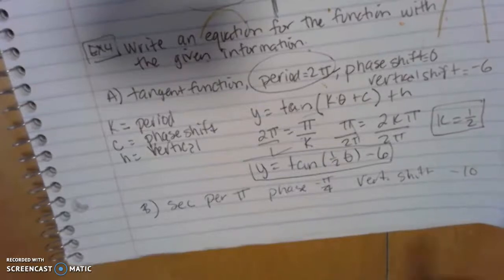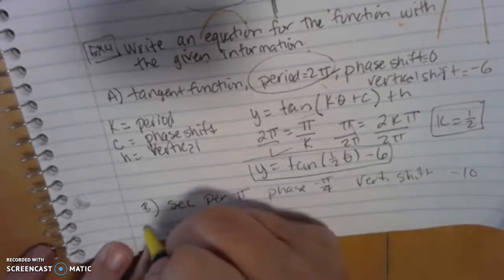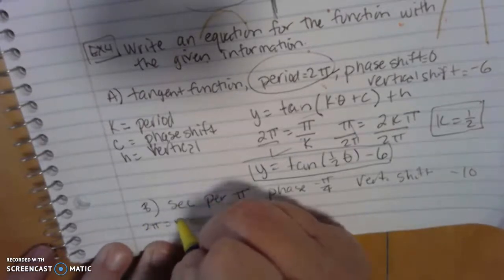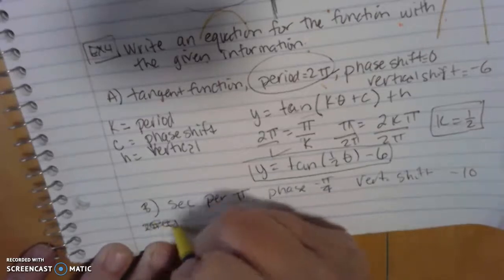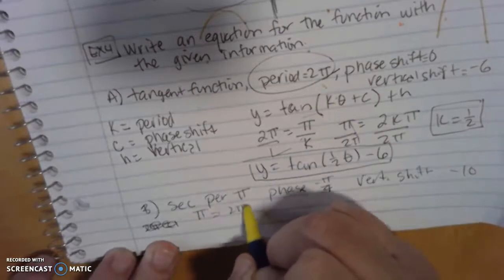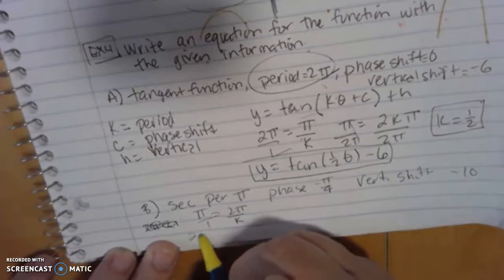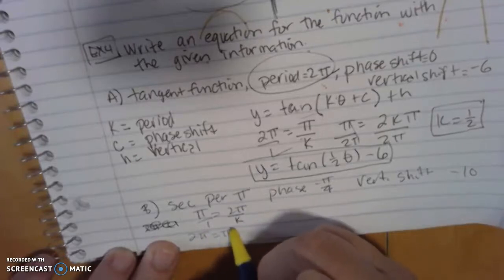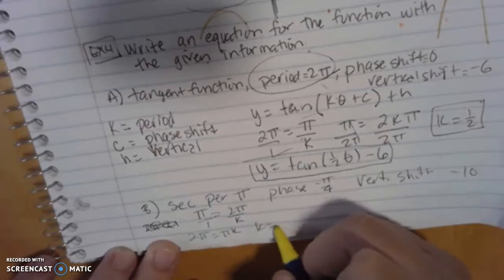So again, for secant, the normal period is 2 pi. We're going to take this pi and set it equal to 2 pi divided by k. We're going to solve for k. We get 2 pi equals pi k. Divide both sides by pi. You get k equals 2. That's the first thing I need.